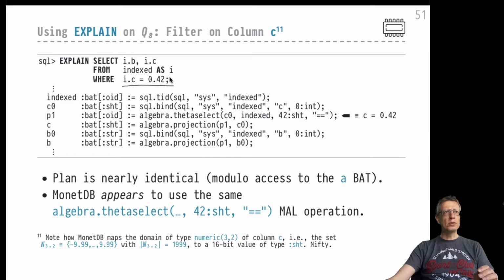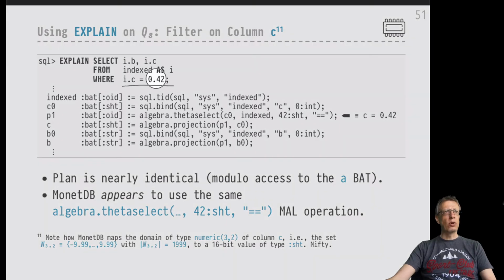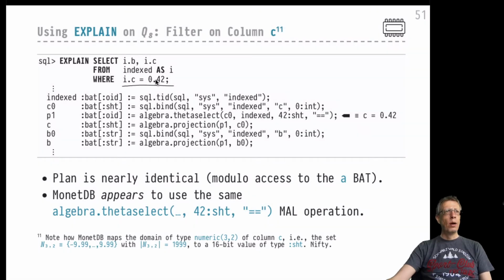We have, of course, adapted the literal here. It's not the integer 42 now, it's the numeric value 0.42, which fits with the domain of the C column. When we look at the particular plan that is being generated, so explain on this particular query, we will see the MAL program that is generated.